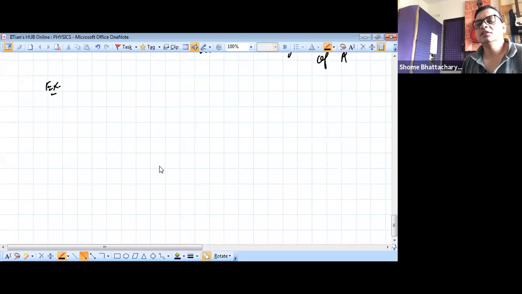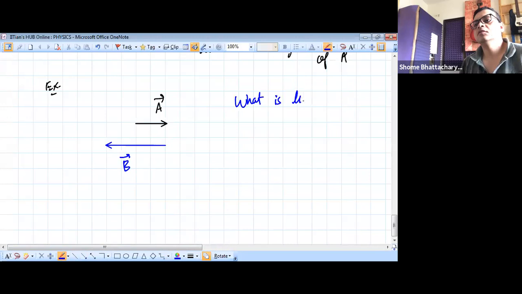Okay. So for example, if I have two vectors which are drawn like this, one vector A is like this over here, and another vector B is suppose drawn like this. So we can see what is the relationship between A and B. Yes, very good.